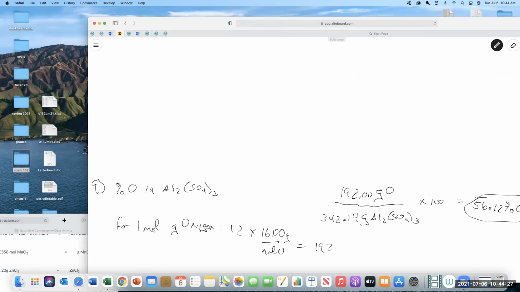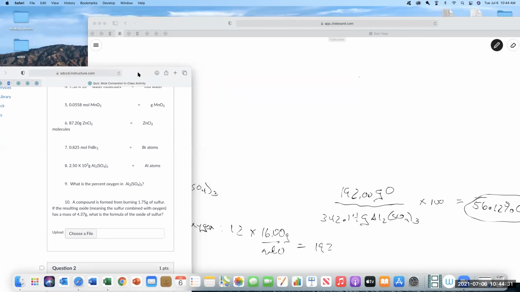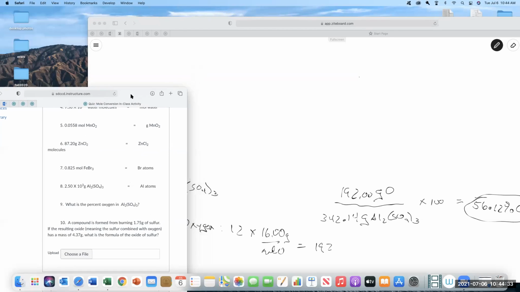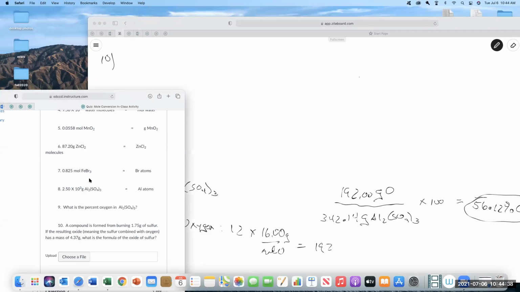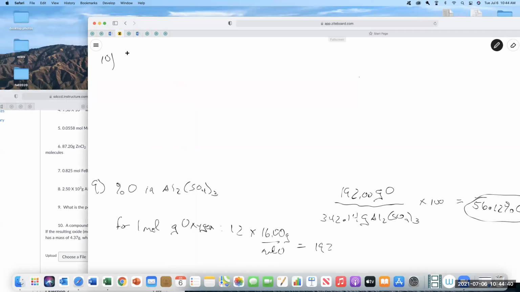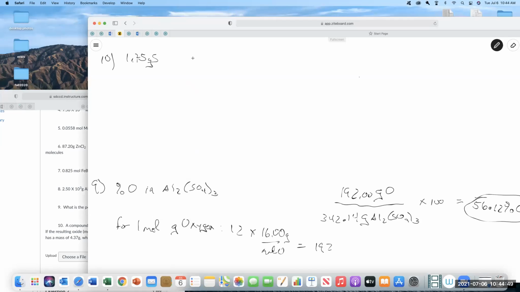Last one, I think, is number 10, let me just write it here. We have 1.75 grams of sulfur, and we got 4.37 grams of a compound. I'm going to call it SxOy.